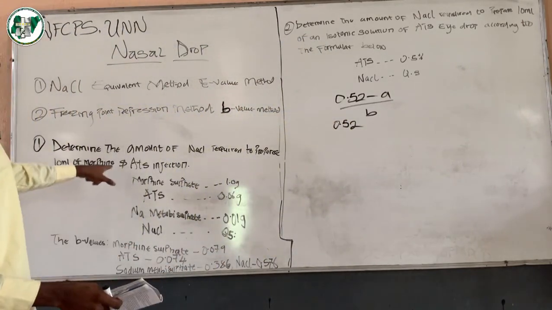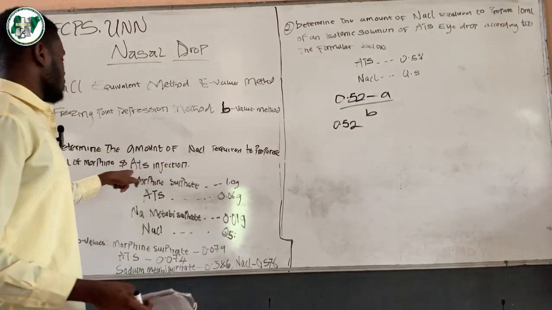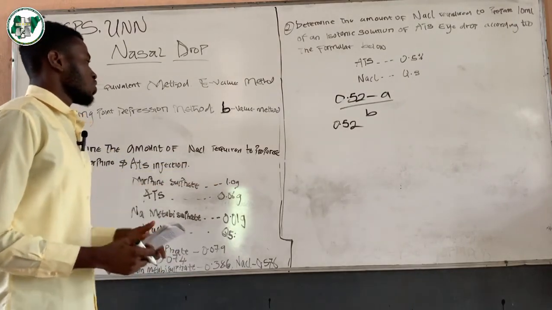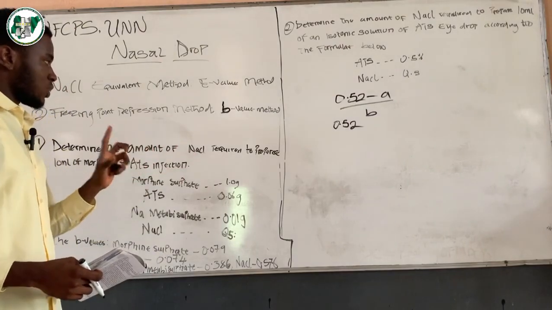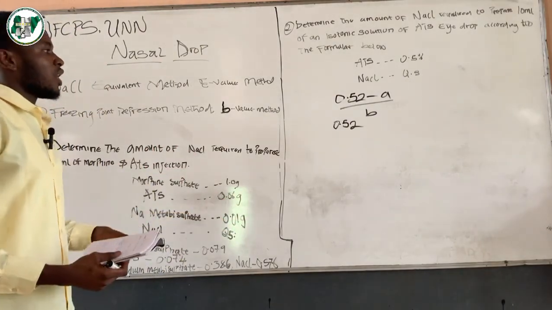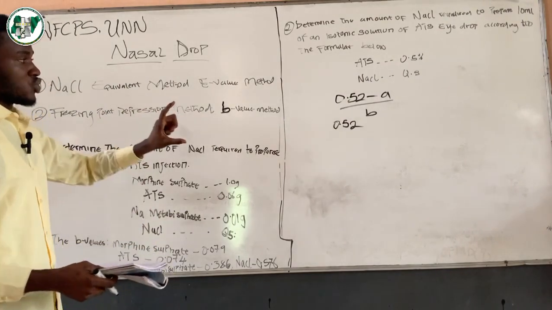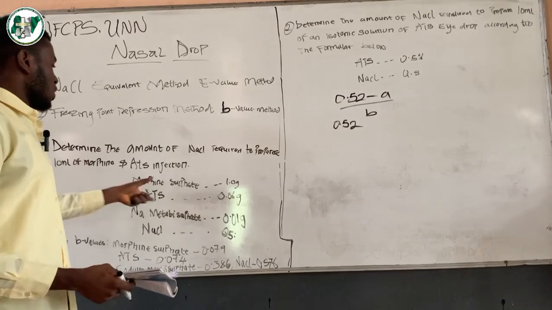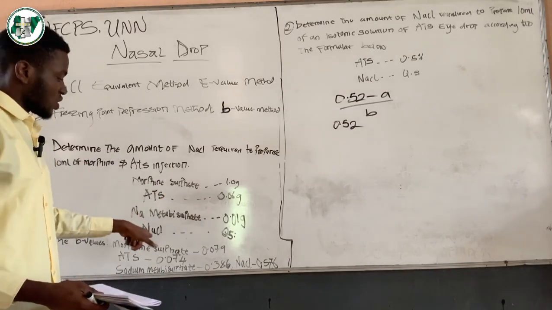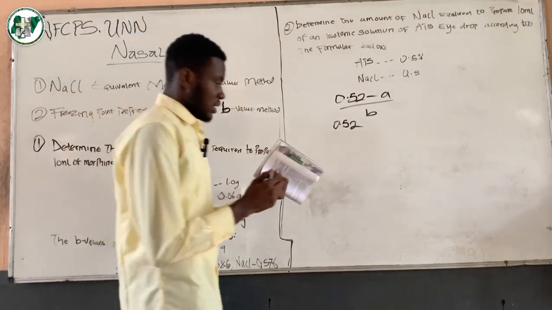That's what the question says: determine the amount of sodium chloride required to prepare 10 ml of morphine and ATS injection. This question is just focusing on the amount of sodium chloride used. In subsequent questions, we are going to go into details of how to prepare the nasal drop. But first of all, I'm using this method to illustrate how to get the amount of the isotonizing agent, which is sodium chloride, that we are going to use to prepare this. So we are just going to stop there.